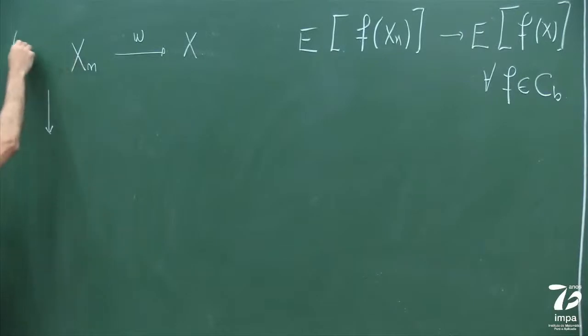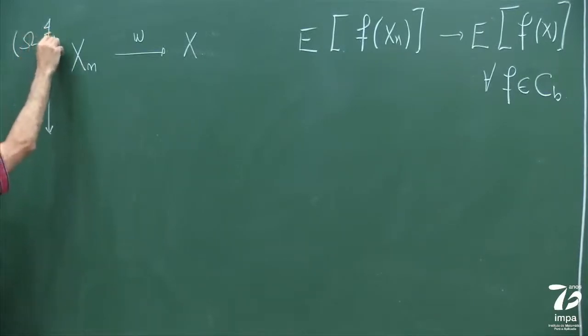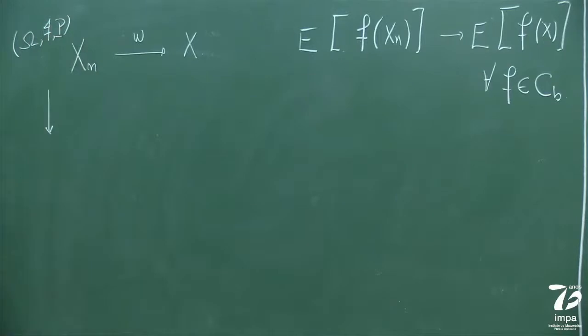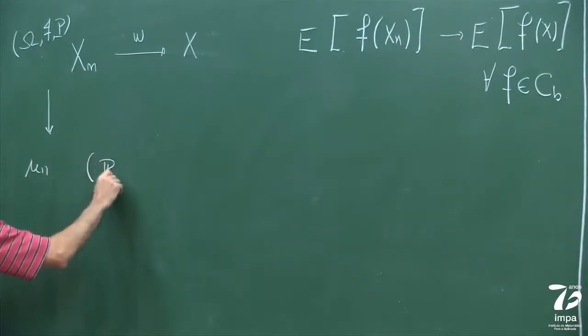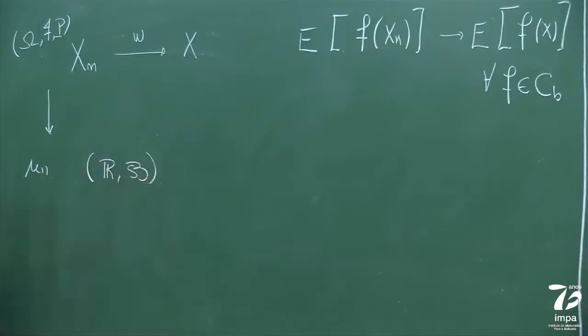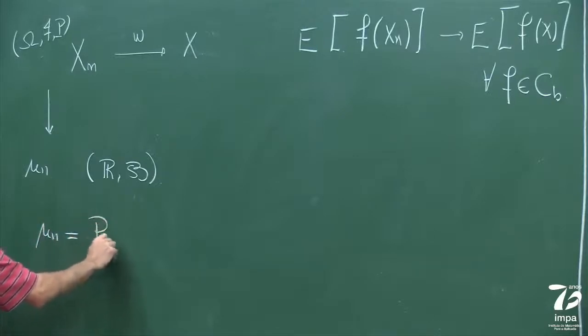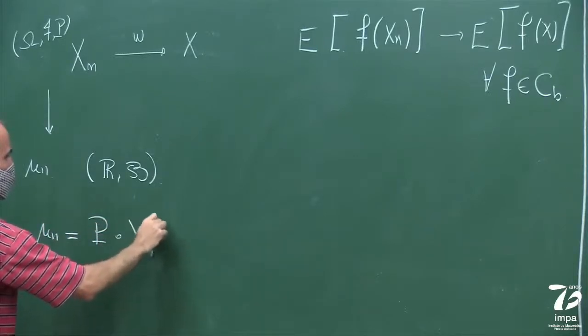So let's say that xn is defined in some space omega, F and P. And what you did is to project this variable on R. So you consider a measure mu n, which is the measure on the space R with the Borel sigma algebra induced by xn and this probability P. So you define mu n as this probability P composed with xn to the minus 1.